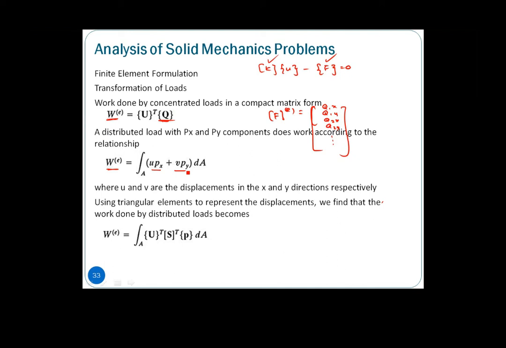If that is the case, you still remember that our U and V are the shape function multiplied with the nodal U and V. So the work done in one element, if it's distributed, can be represented as the integral of U transpose P dA.